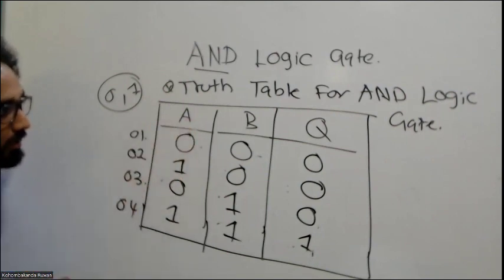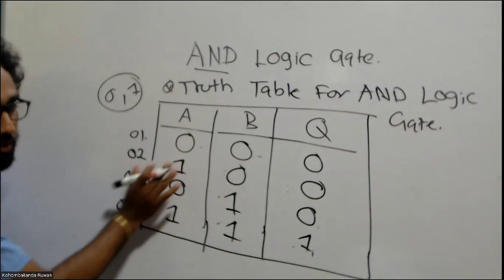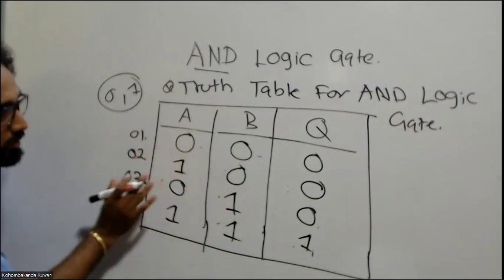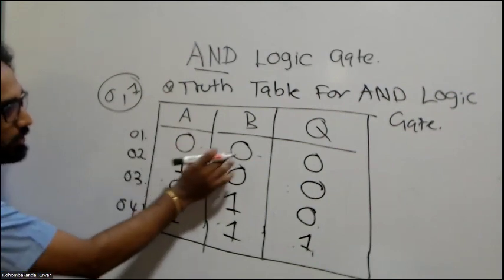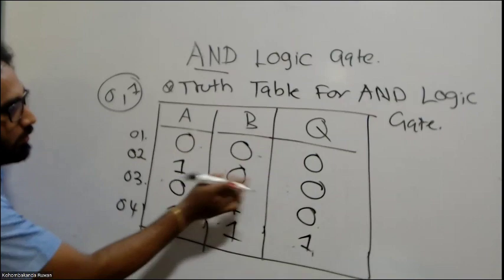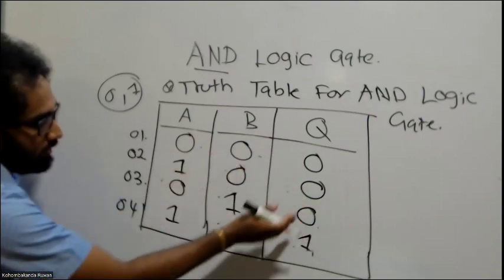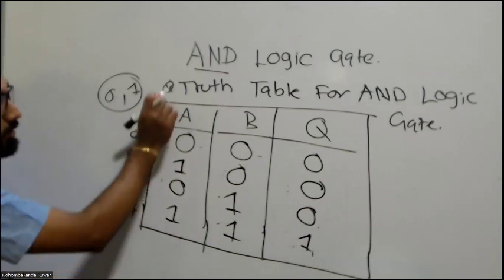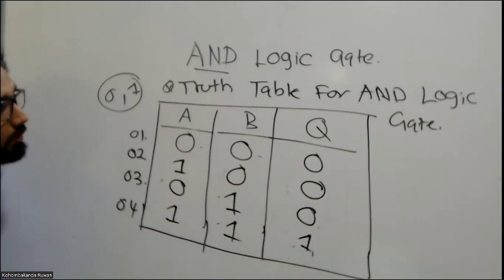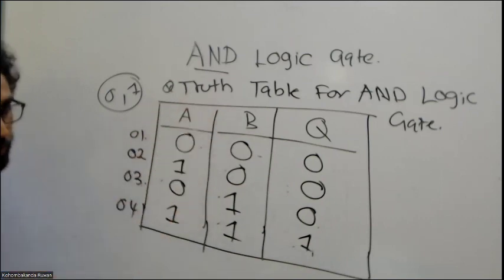For the AND logic gates, you have to use 0 and 1, right? To denote some kind of instances: 0, 0, 0; 1, 0, 0; 0, 1, 0; 1, 1, 1. Put the topic as truth table for the AND logic gate and please draw this one.